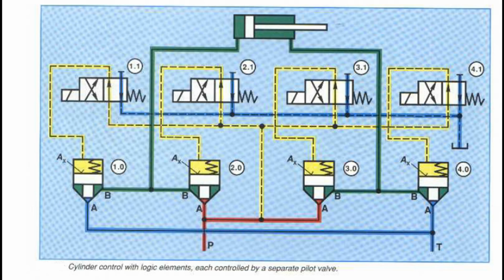Application and characteristics. Today, we find logic elements applied in the drive and control of presses, injection molding and die casting machines, machine tools, especially in broaching machines. Further applications are in the steel industry.